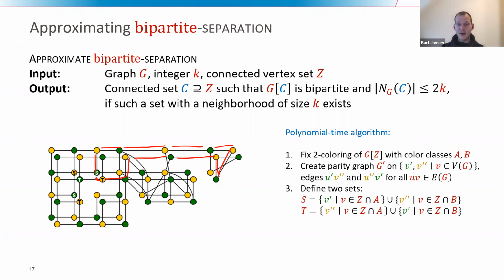And this shows how this parity graph basically encodes whether or not odd cycles are reachable, because whenever an odd cycle is reachable, you can use it to go to the opposite parity copy of yourself.